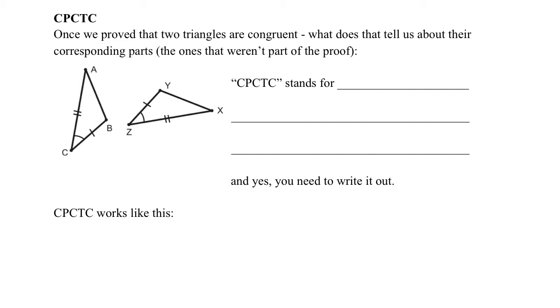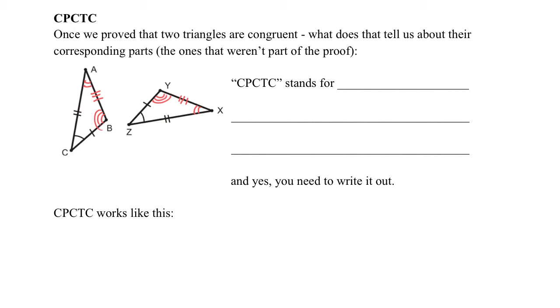But now, since I know that the two triangles are congruent, I can also say that this angle is congruent to that angle. I can also say that this side is congruent, this angle is congruent to this angle. And I can also say that this side is congruent to this side.